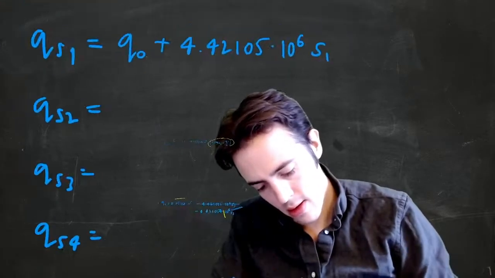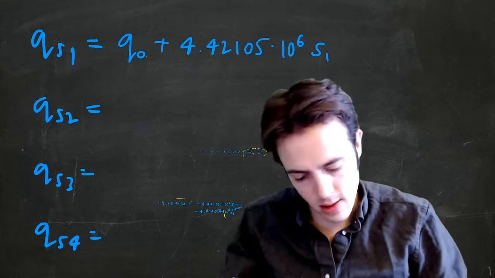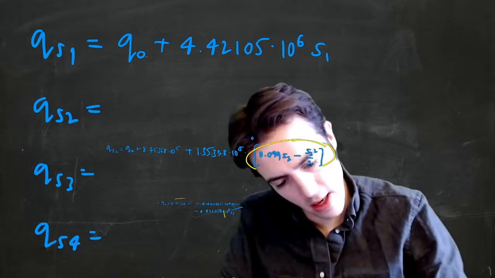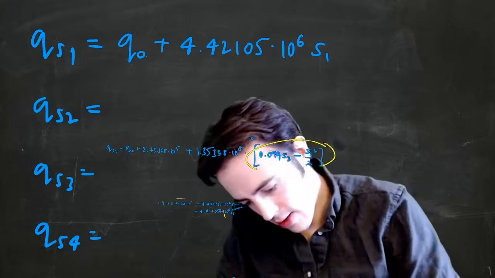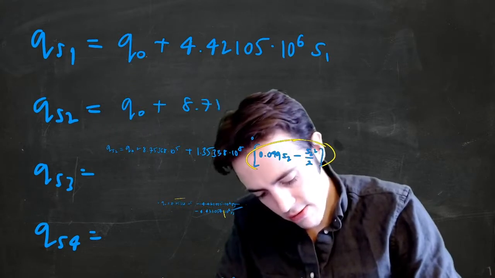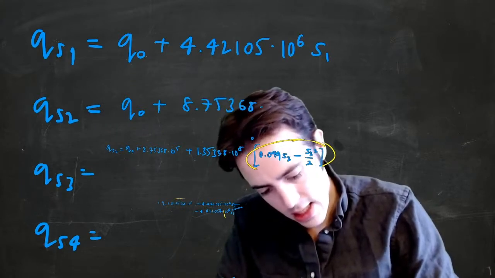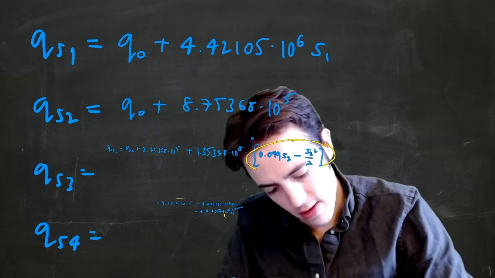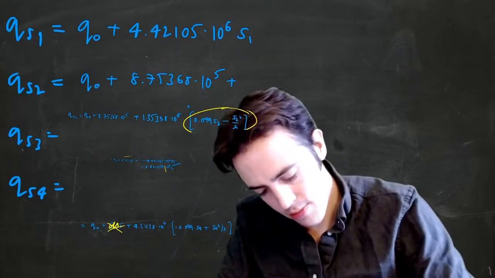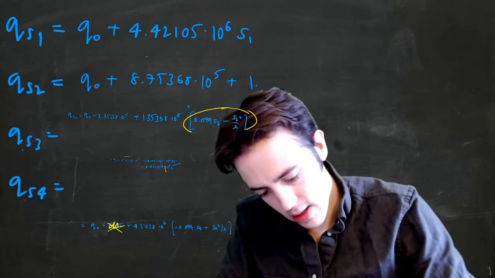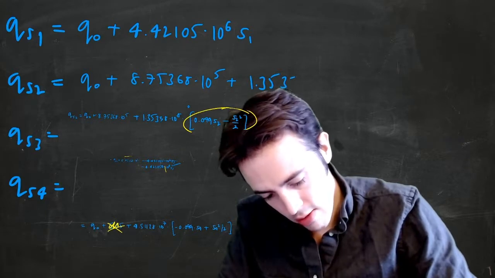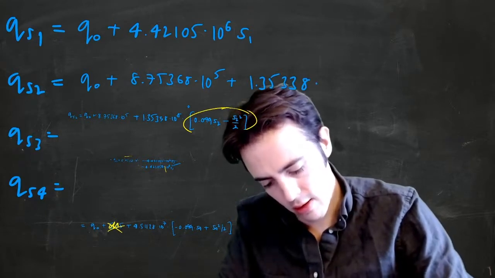QS2, just copy this down. QS2 is Q0 plus 8.75368 times 10 to the 5 plus this quadratic distribution, which is 1.35338, which is that the correct number now?